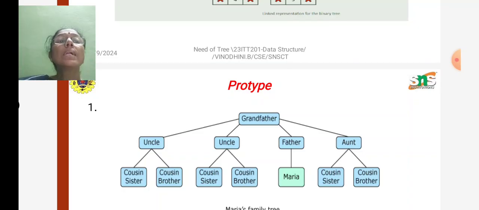This is the representation of that problem statement as a tree data structure. We can represent it in either the array or the linked list representation. So instead of a linear data structure, we select the non-linear, and among the non-linear the hierarchical representation, which means the tree. That data structure is the best way of representing that problem statement. Thank you.